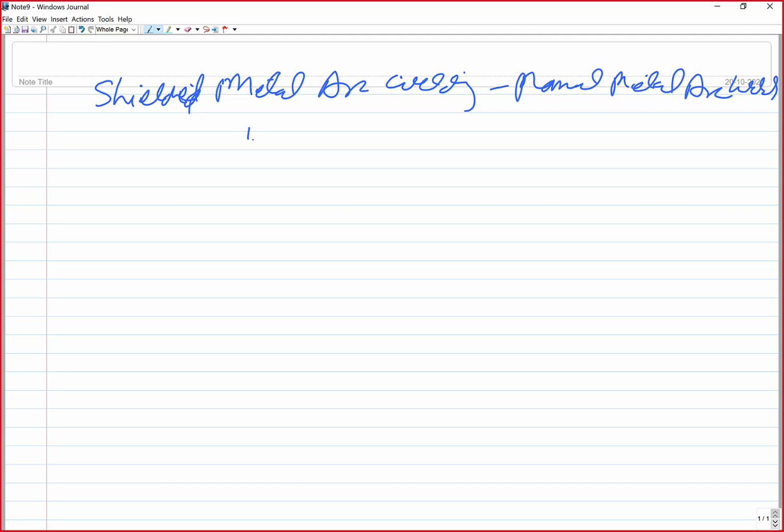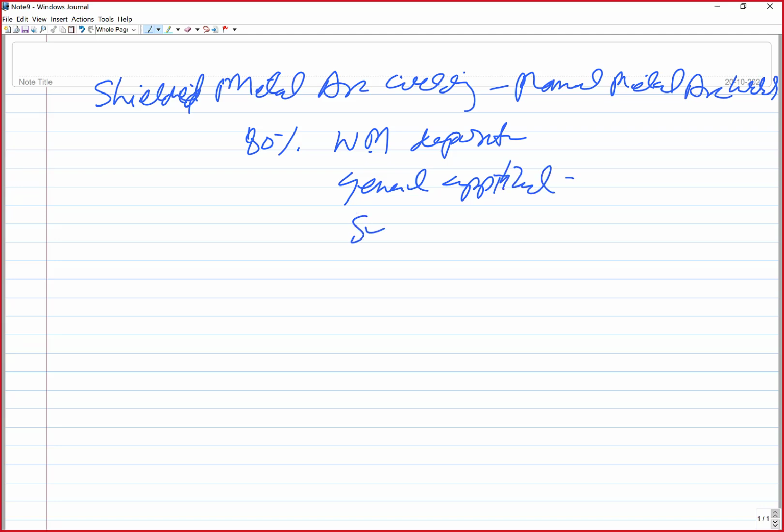This is very popular. About 80% of the weld metal is deposited by this process, because it is very simple for all general purpose applications. It's very simple, low cost, and easy to use.